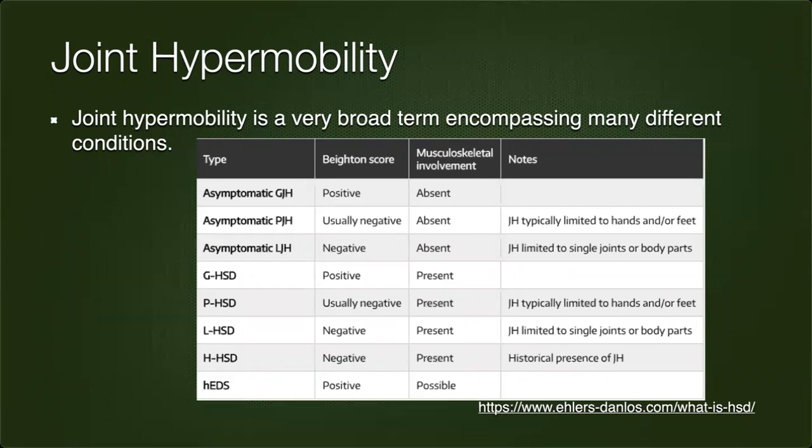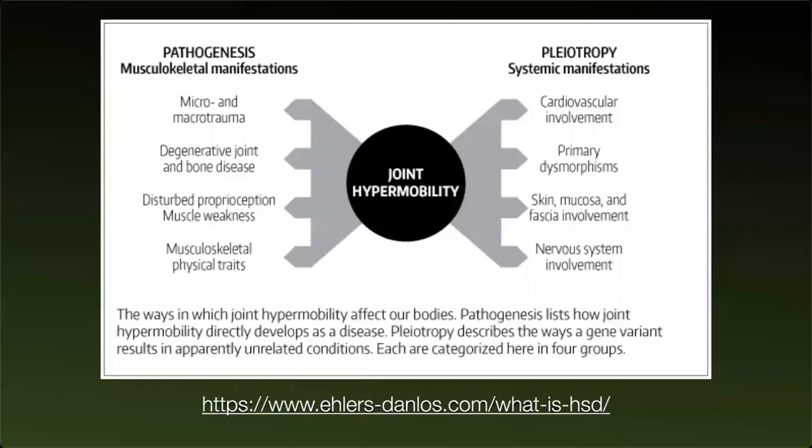So LGH is singular or very focused joints that are hypermobile, but not enough. Your Brighton score would be negative, so not enough to be classified as generally hypermobile. And then every single one has a different subtype. In any of the hypermobile spectrum disorders, generally there's hypermobility, and often there are symptoms involved. The chart helps it out there.